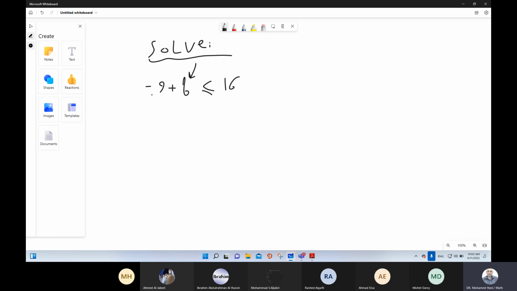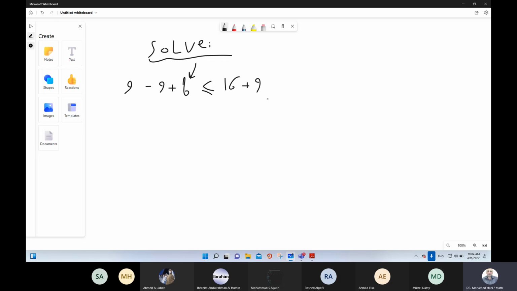So try to remove the number from here. How do we remove the number? Add the inverse, the opposite number. What is the opposite number of negative 9? Positive 9. So add positive 9 to this side and positive 9 to this side, using the addition property of inequalities.